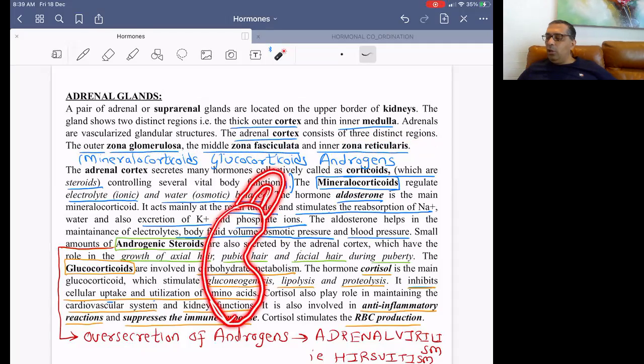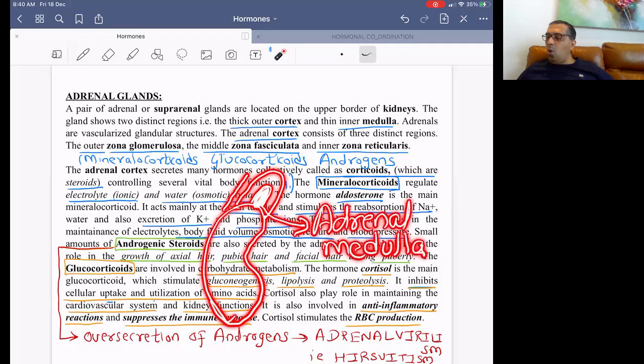This is your kidney, and above the kidney is the adrenal gland. The adrenal gland has two parts. The middle part is called the adrenal medulla, and outer to it is the adrenal cortex. The adrenal cortex is made up of three distinct layers.